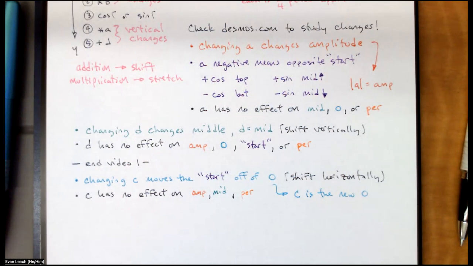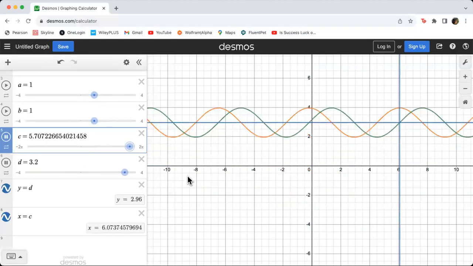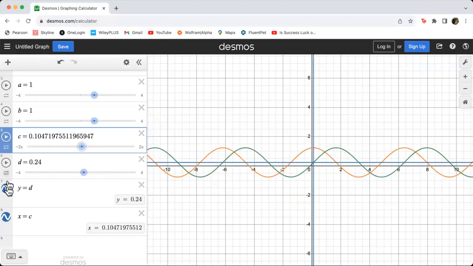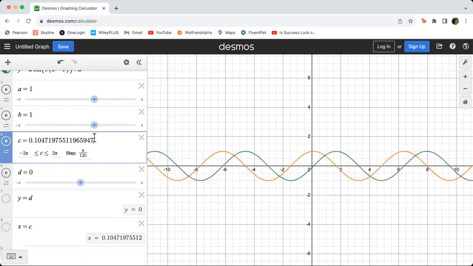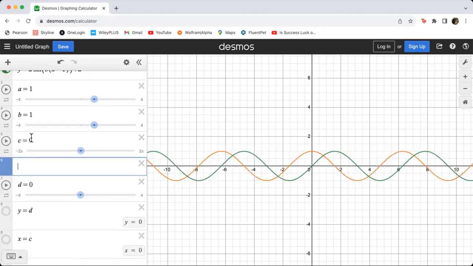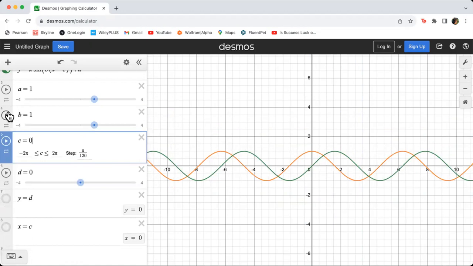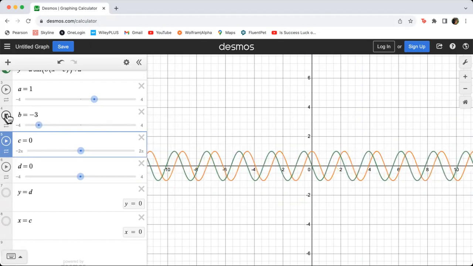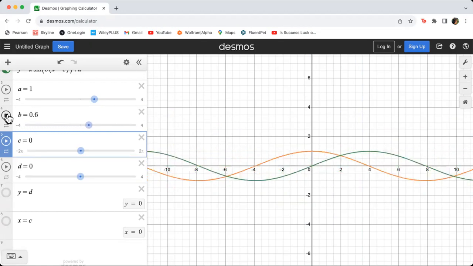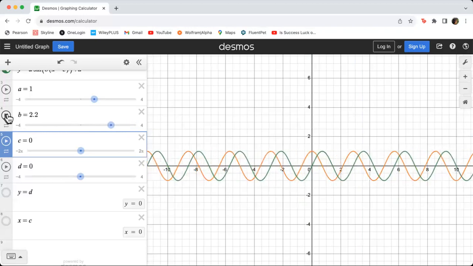So let's go over and change the value of b and see what happens. No surprises here.